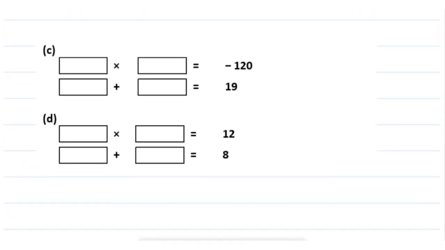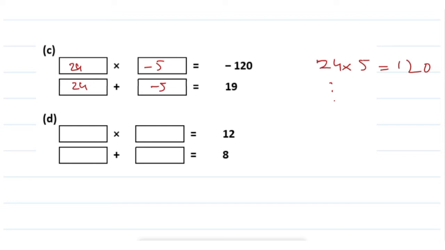Now, similarly, for -120, this is a lengthy one. Rather than spending much time, I'm telling you that 24 times -5 is -120, and 24 plus -5 is +19.